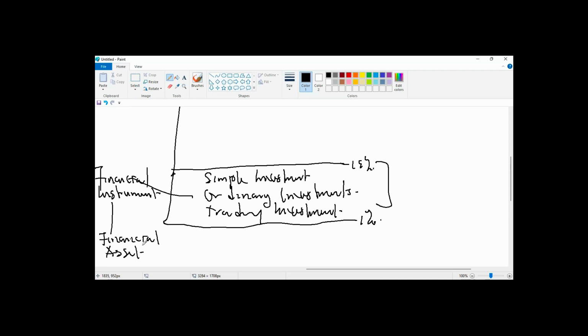Now, how do we account for this investment? We use IFRS 9. We talk about measurement and recognition. Then we talk about IAS 32. How do we classify it? Is it preferred shares or is it share capital?